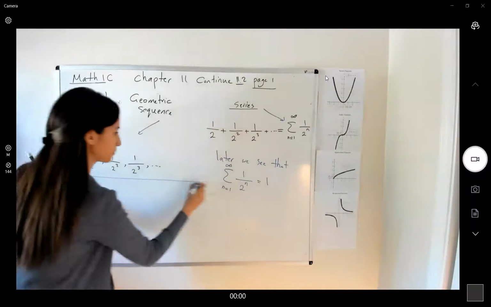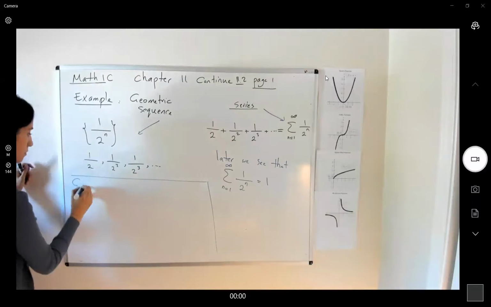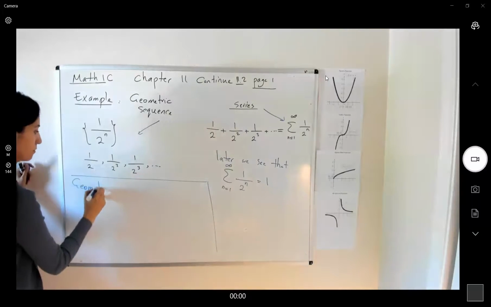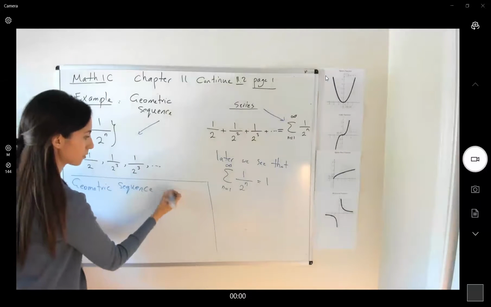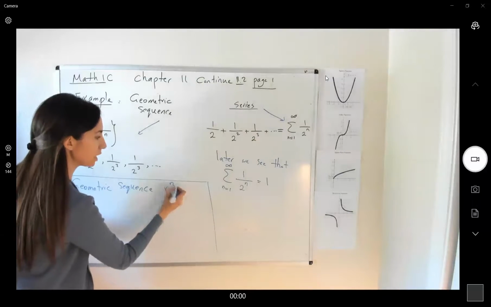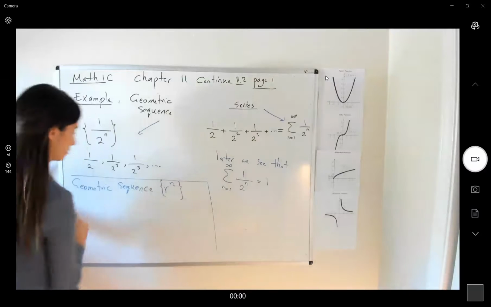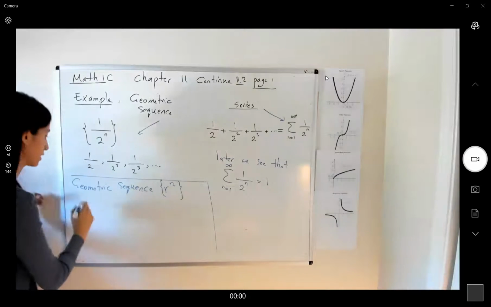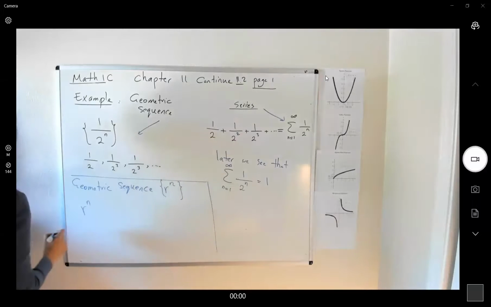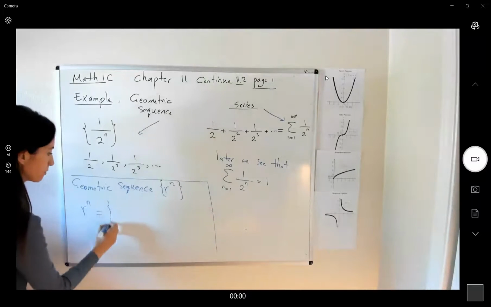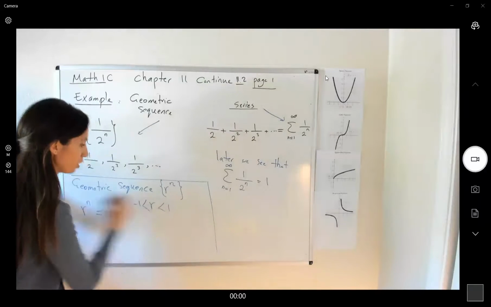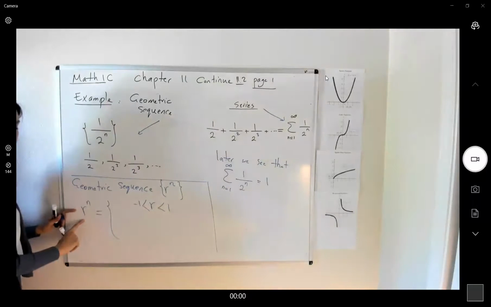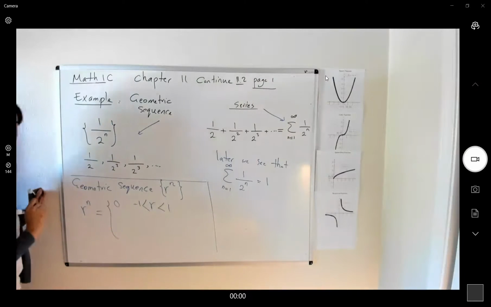Remember that for a geometric sequence, for example r to the n, we have 3 different cases. If your r is between -1 and 1, then the limit of this sequence is 0.